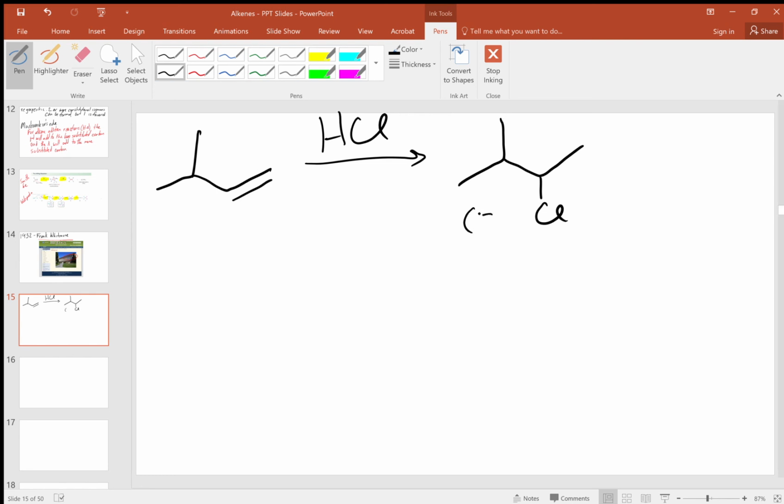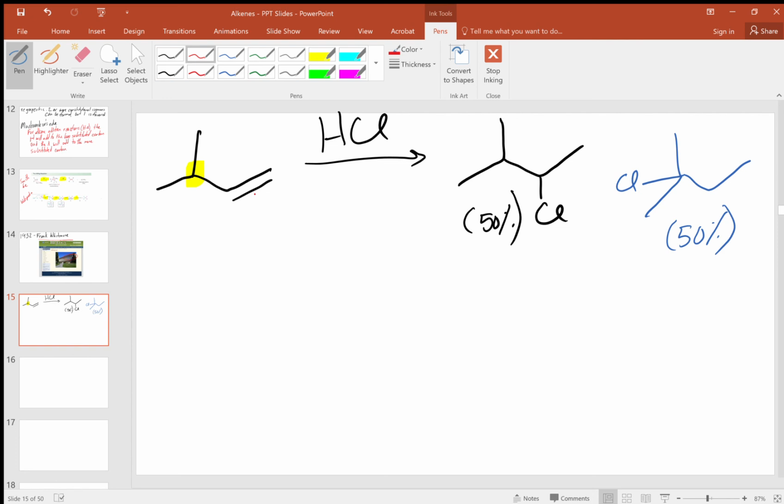And this was about half the product. What was the other product? It didn't put the chlorine out here. It actually put it at this carbon. It's not really expected because that carbon, where the chlorine ended up, isn't part of the alkene. So what happened? How did the chlorine end up in such an unusual spot?